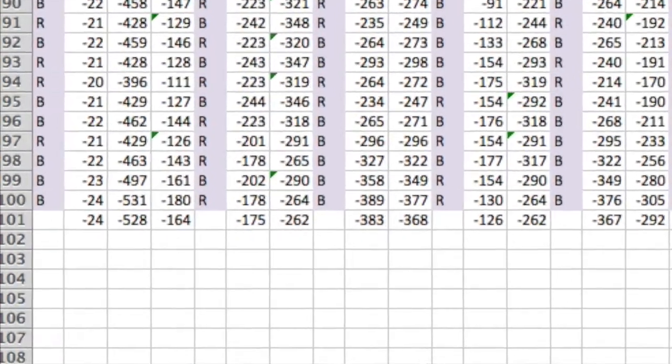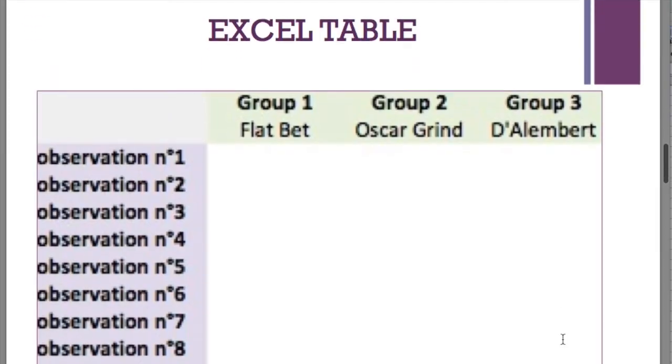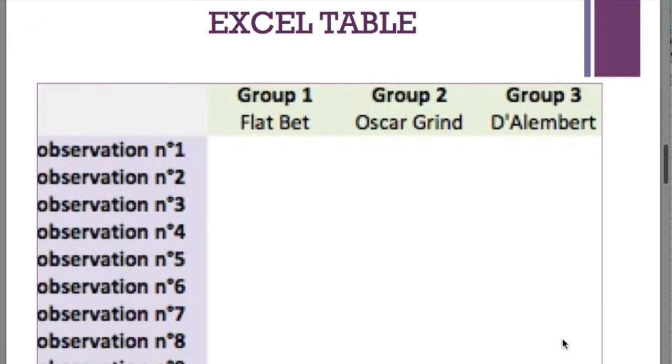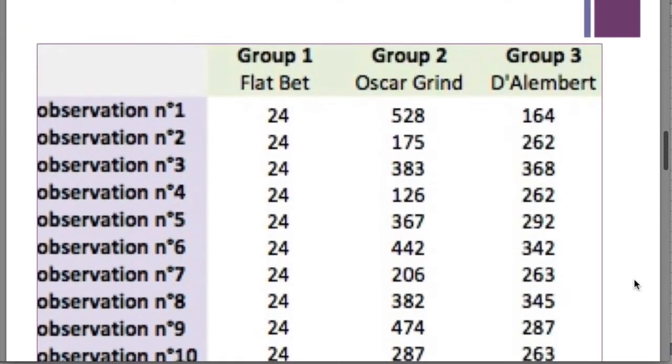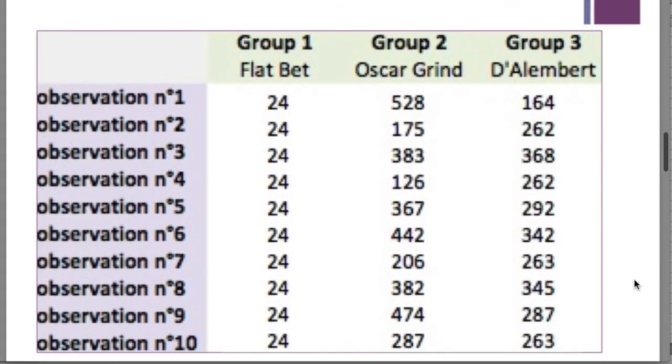So that was the Excel table, I remember, without the data, and so now with data. The default here is loss in euro. So if you see 24, it means I've lost 24 euro. When you see 528, it means I've lost 528 euro. 262, I've lost 262 euro.